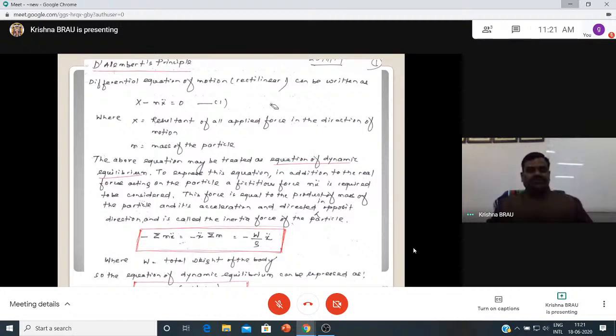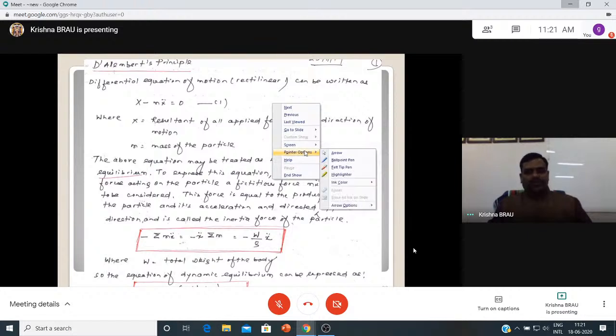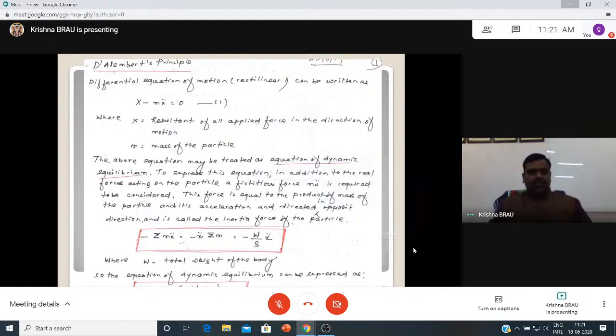That can be written as here, sigma Fx plus inertia force is equal to 0. This inertia force is this time.